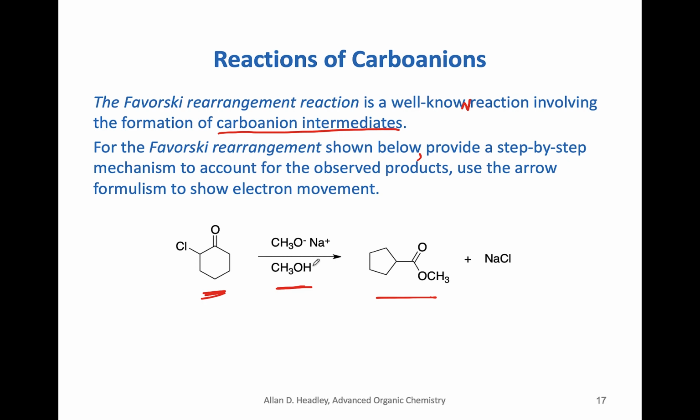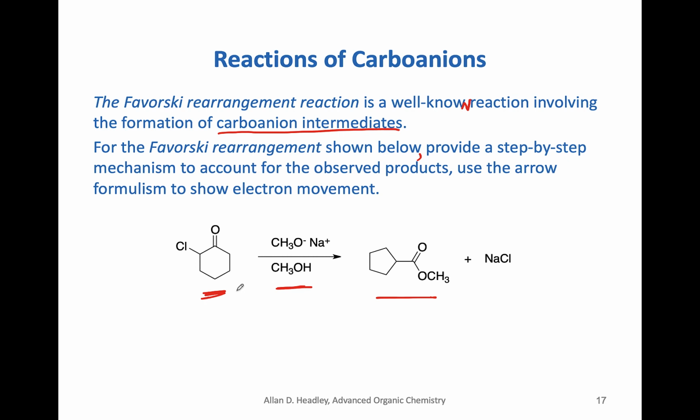Close examination shows that, of course, the chlorine leaves, but this is a 6-membered ring here, and we have a 5-membered ring here. So obviously there's a ring contraction. You can imagine there's going to be some rearrangement of the carbanion intermediate.